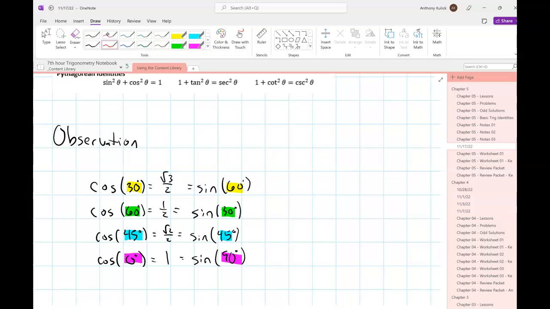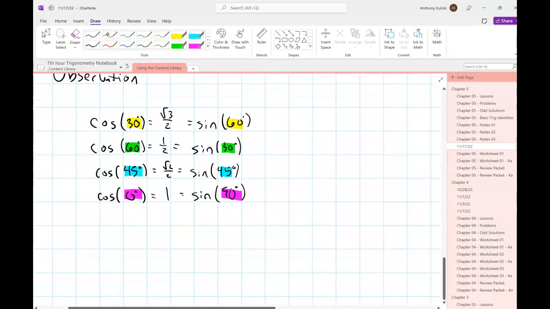What do they all add up to? 30 plus 60 is? 60 plus 30 is? 45 plus 45 is? 0 and 90 is? They all add up to 90 degrees.